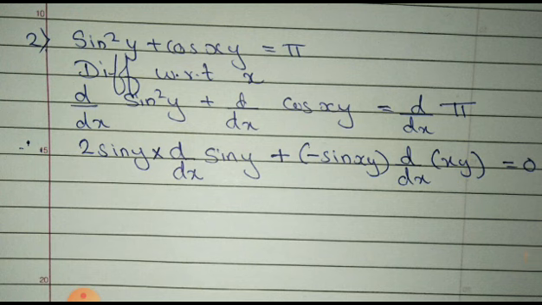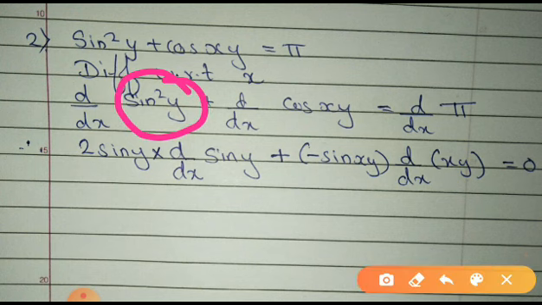For d by dx of sin squared y, directly we don't have the derivative. So it should be of which form? x squared form. The derivative of x squared is 2x, so the derivative of sin squared y I can write as 2 sin y. But this is not in terms of y.